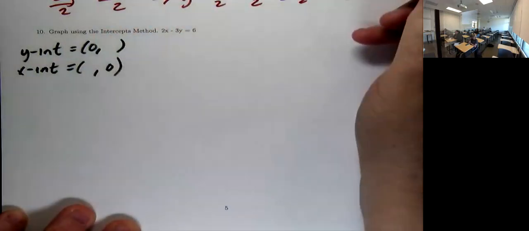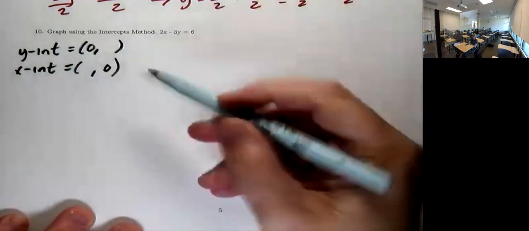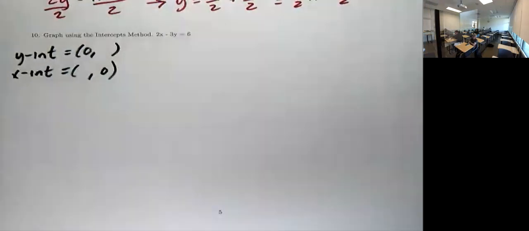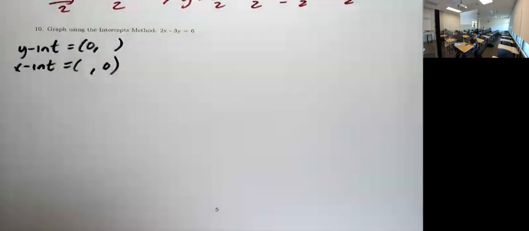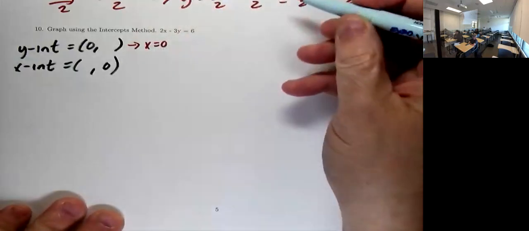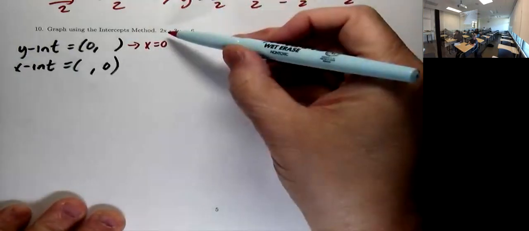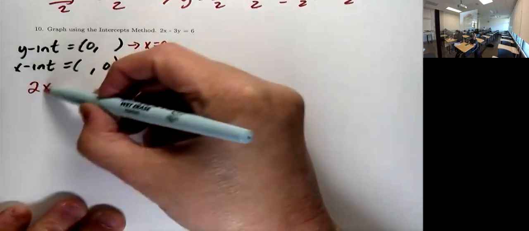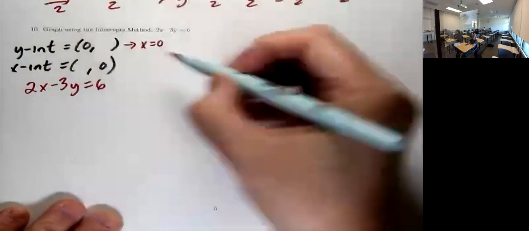Which means we can take advantage of that and find out what they are. Y-intercept having a 0 for the first value means x equals 0. So I'm going to take 2x minus 3y equals 6, and I'm going to plug in x equals 0.